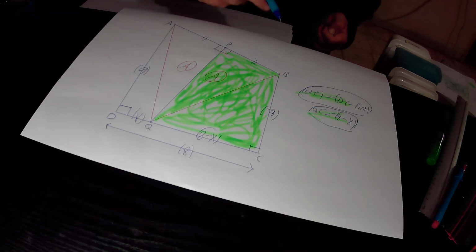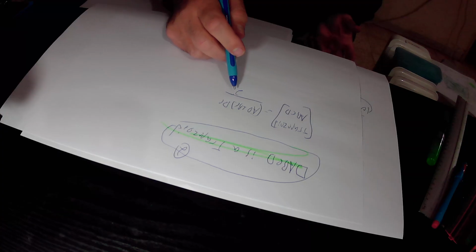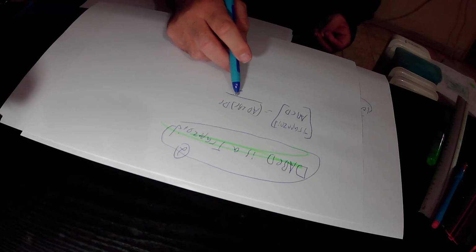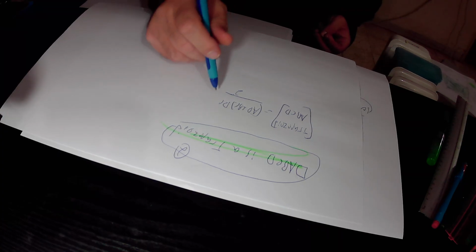The height is DC, over 2. And again, in total, we found out that the area of this big trapezoid ABCD is equal to AD plus BC, the sum of its two parallel bases, times the height DC over 2.